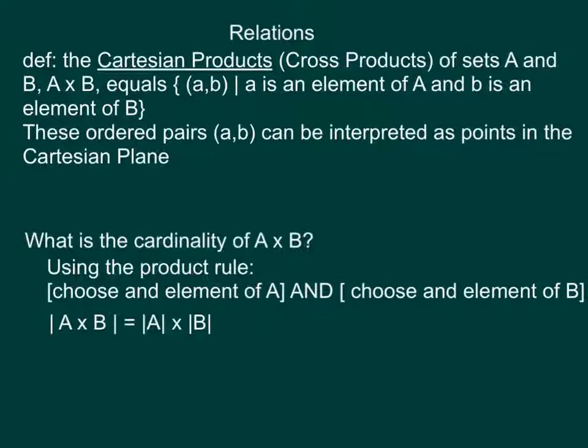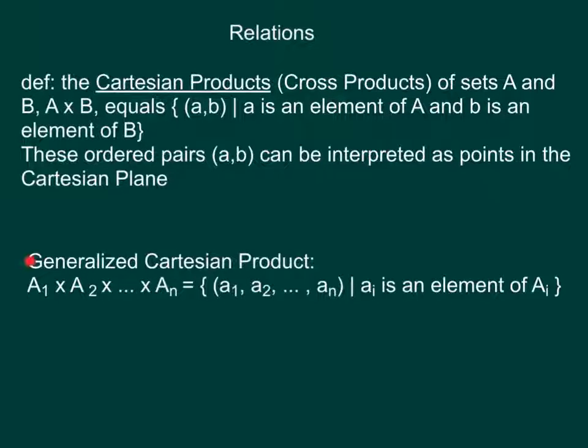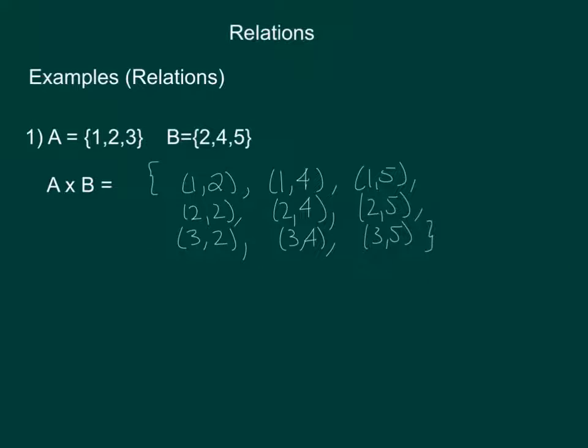There is also a generalized Cartesian product for n-tuples, so you can have A1 cross A2 cross etc. up to A sub n. And that's basically the n-tuple where each a sub i is an element of the set A sub i. We've seen this example where the set A is equal to {1, 2, 3}, and the set B is equal to {2, 4, 5}.